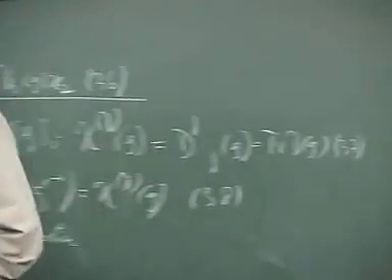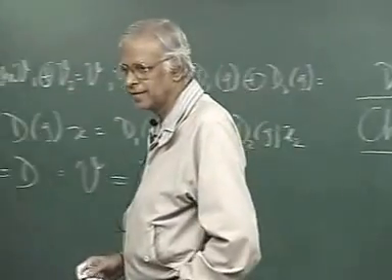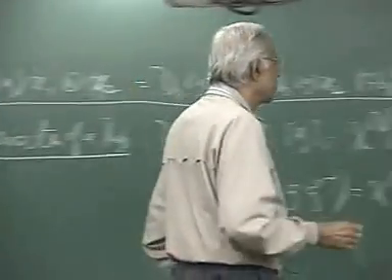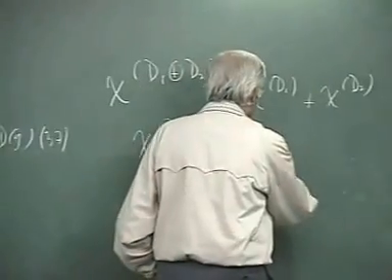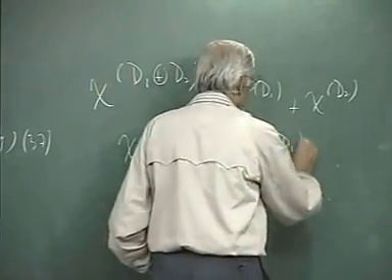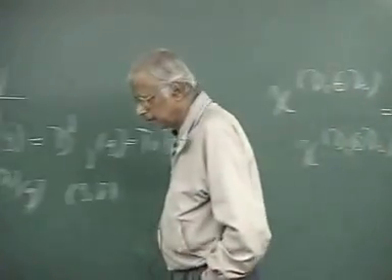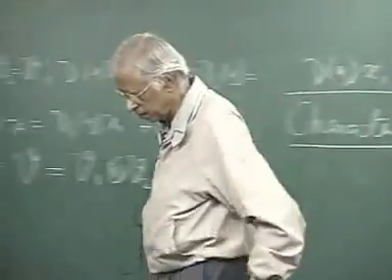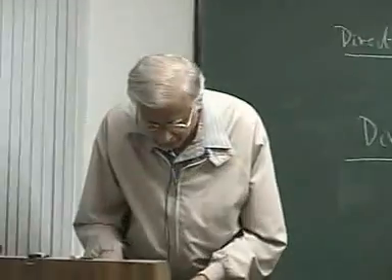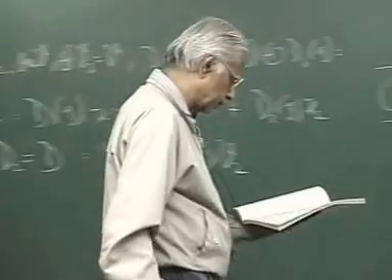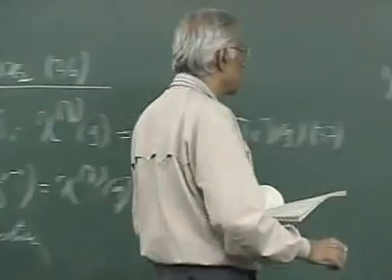Character in D1 times character in D2. Correct. Characters multiply when you take products of group representations. So these two are things which you should prove or verify for yourself. They are quite obvious.